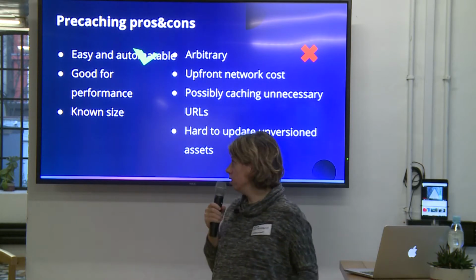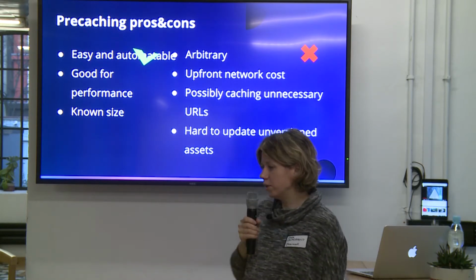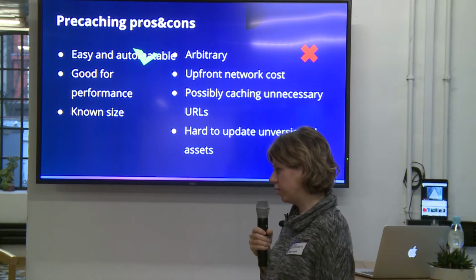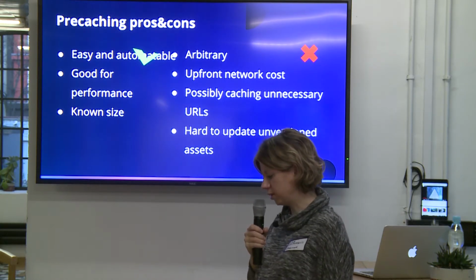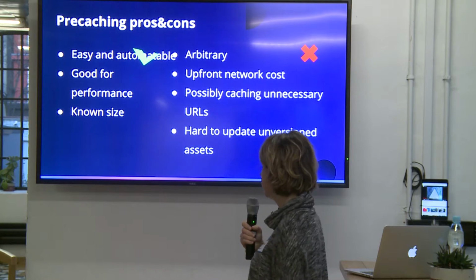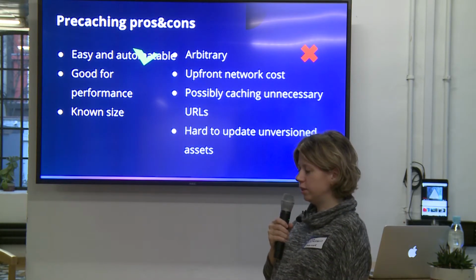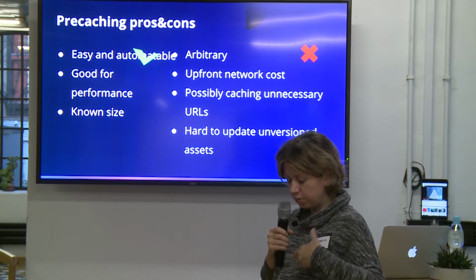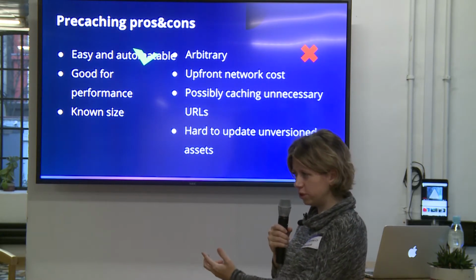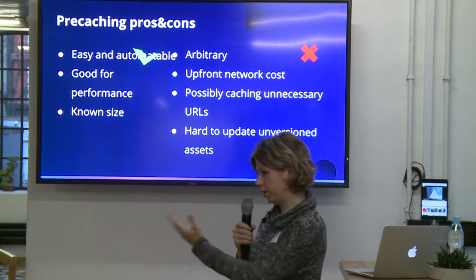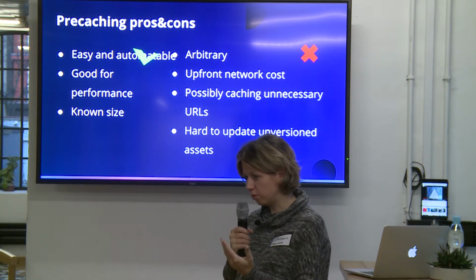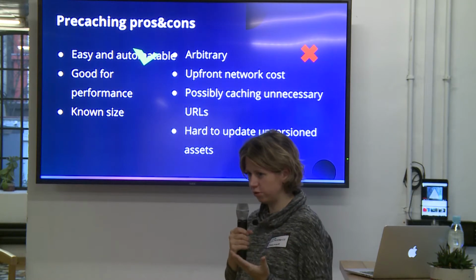Now the cons are that it's arbitrary. You need to decide yourself which ones to cache in this way first. You can't rely on, for example, the user accessing the content first. It can also cause an upfront network cost, which means while this install step is running and those resources that are going to be needed in future are being downloaded, other requests from the page can slow down because there's network congestion.